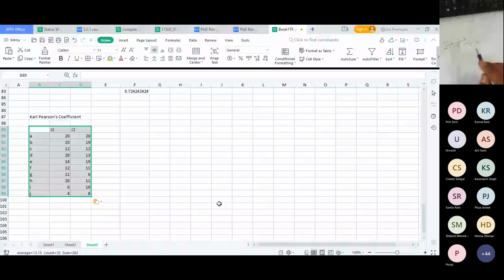That is the formula, and we have to find each and every value from the data and apply it to calculate the value of r.